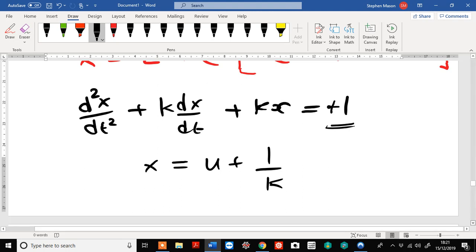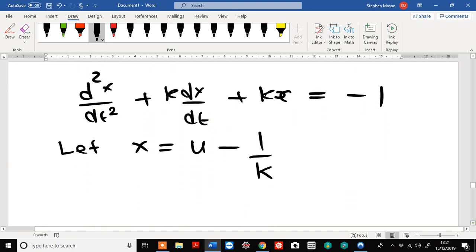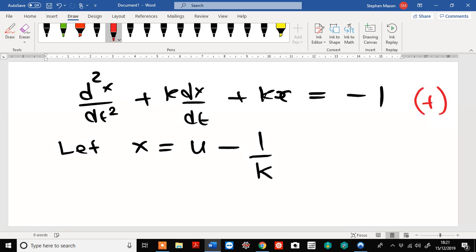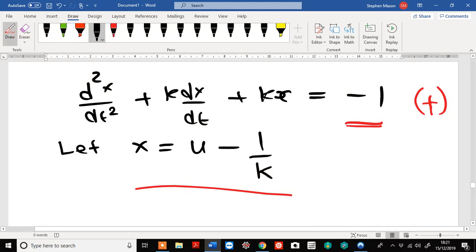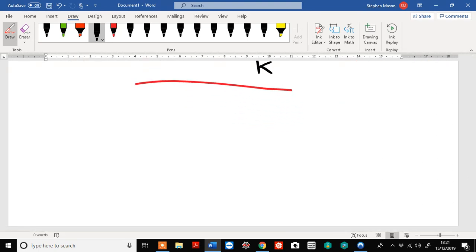So I'm theorizing that for this equation, we'll call it dagger as usual, where the right hand side is now -1, we can use x equals u minus 1 over k. So instead of solving the general case, let's look at an example.